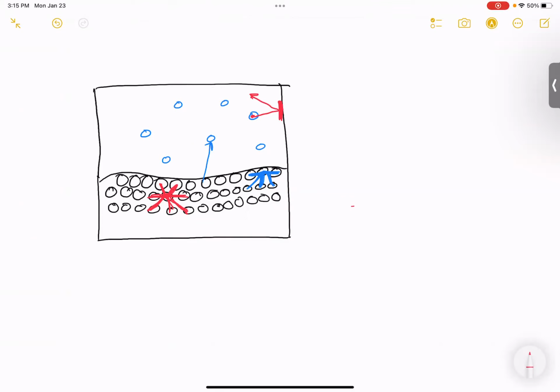So the fewer molecules you have in the gas phase, the lower the vapor pressure, because you have fewer molecules interacting. So we said the stronger the intermolecular force, the fewer the molecules in vapor phase, and that's why you have lower vapor pressure.